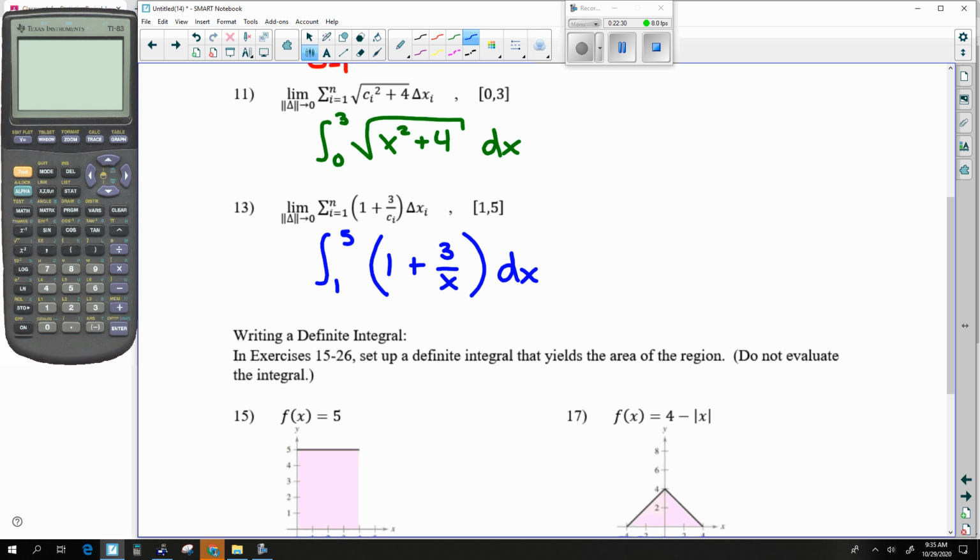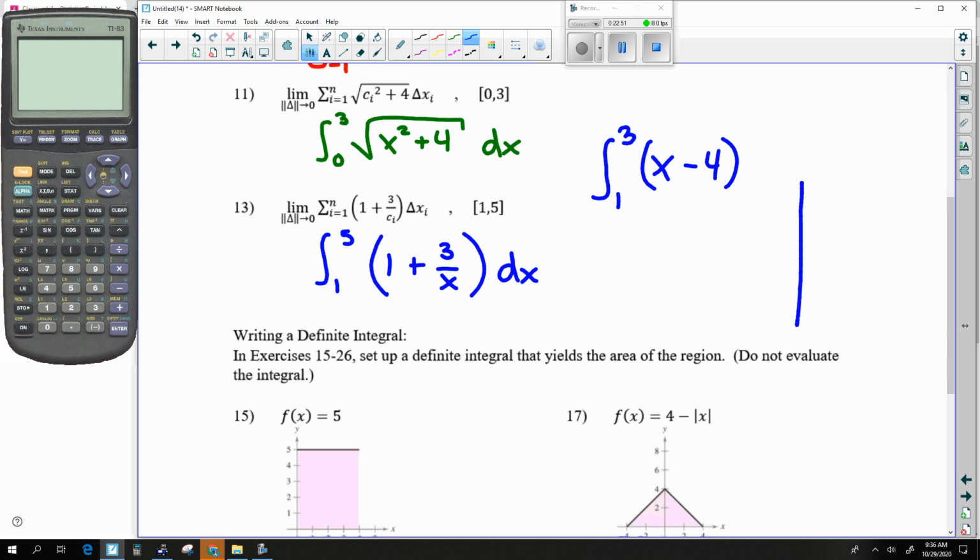Okay, so what a definite integral does is this. I know I've explained it a few times. Say I want from 1 to 3 of x minus 4 or something like that.